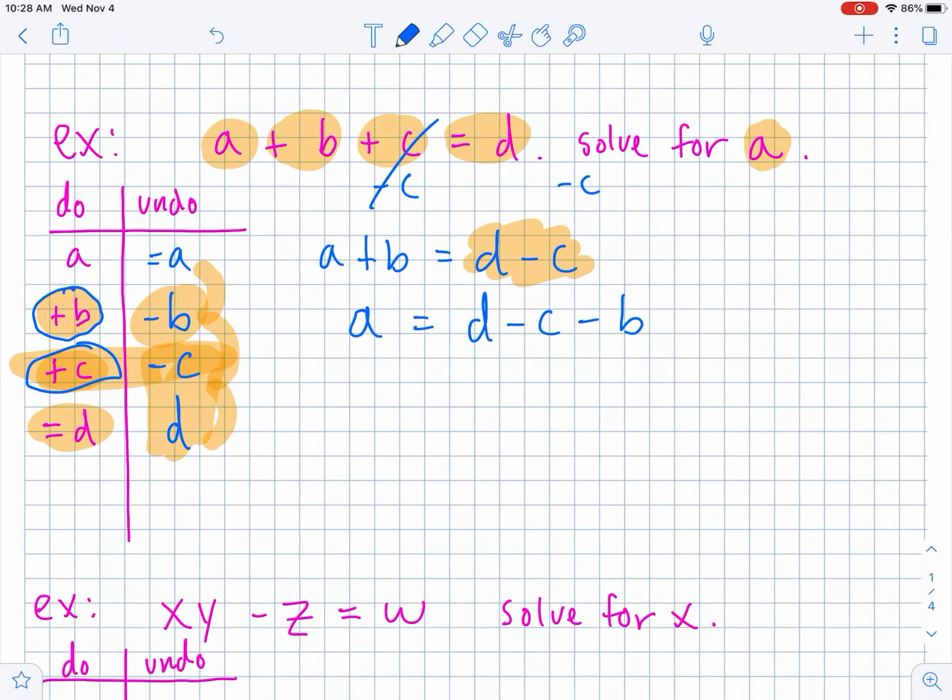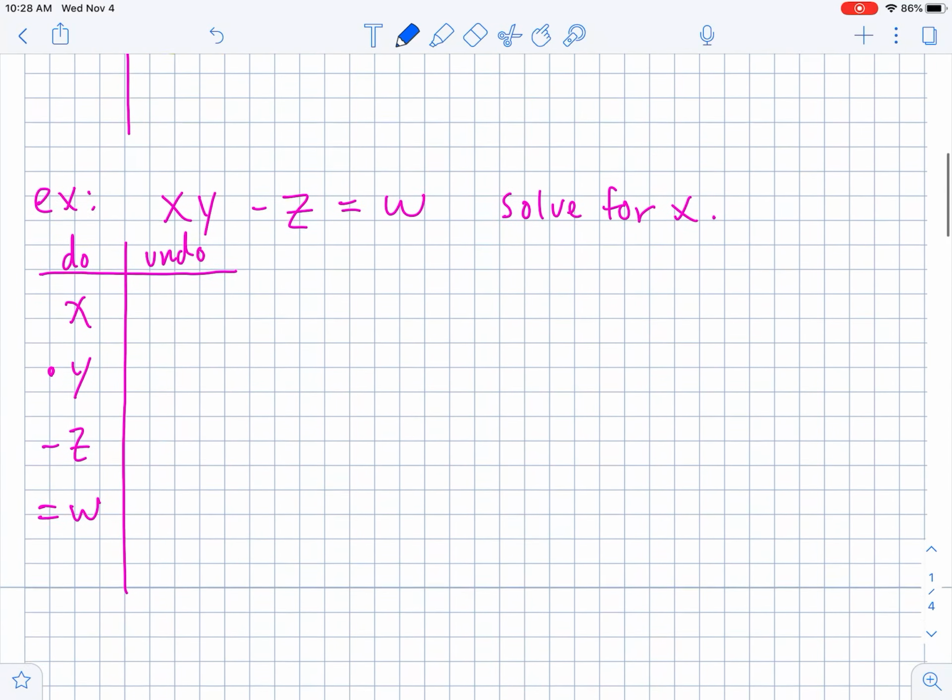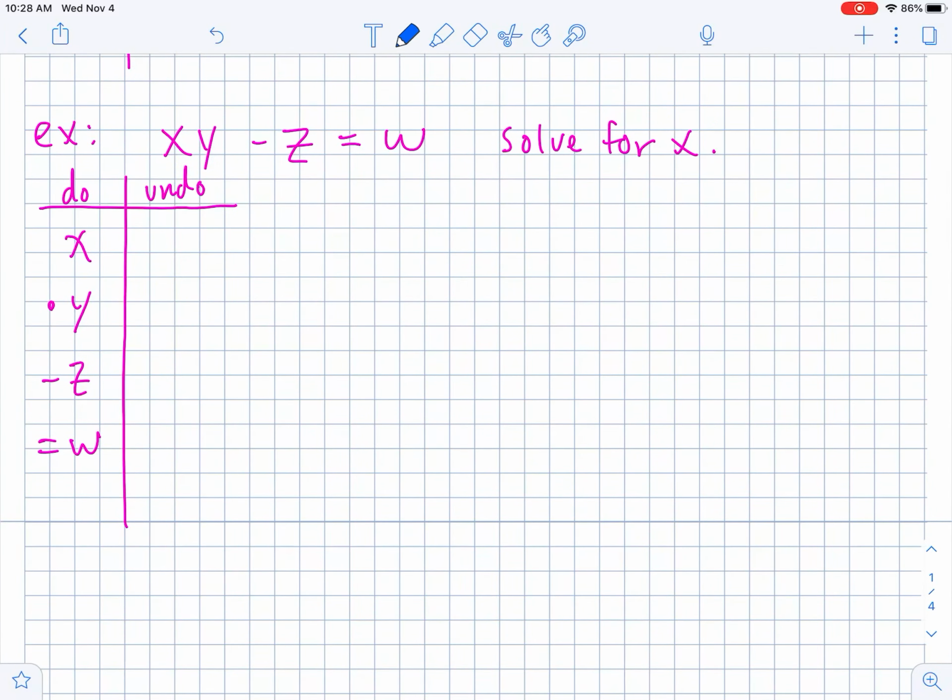If you subtract B from both sides, you get D minus C minus B. Now, you could put that in a couple different orders, like D minus B minus C, but as long as you get A by itself, this is your correct answer. So you can stop here. I'll put a box around it because A has been solved for. It's been gotten by itself.